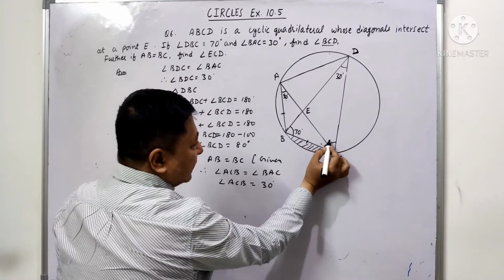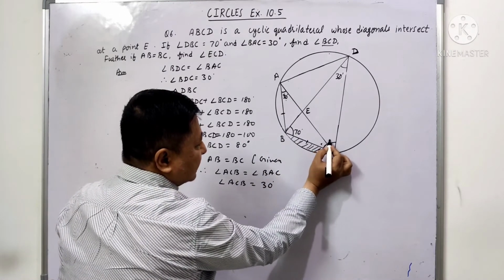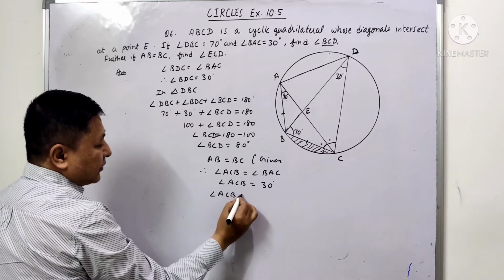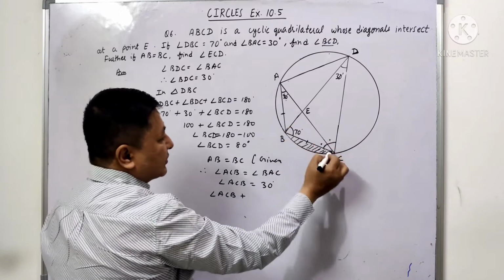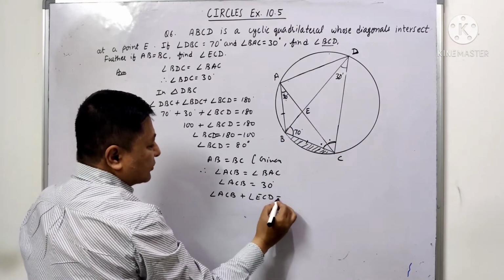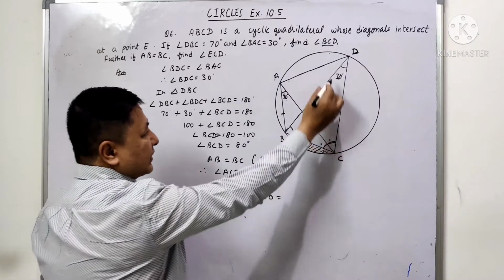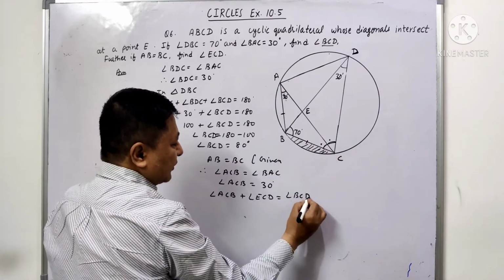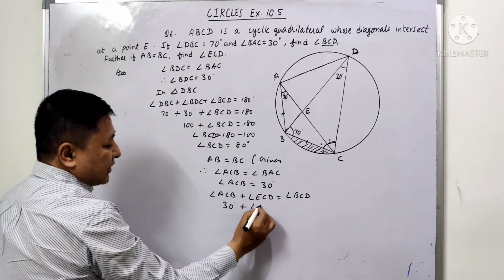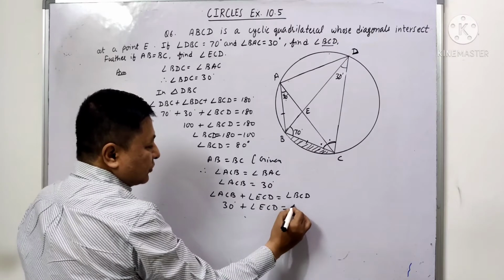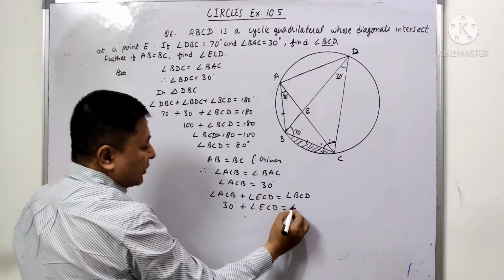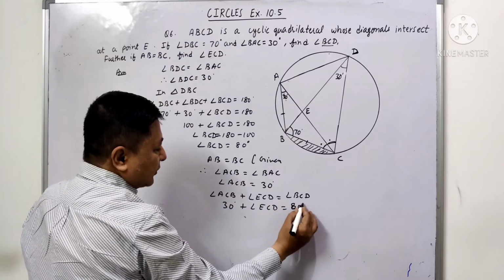Now if we add this angle and this angle, that is angle ACB plus angle ECD, we will get the whole angle, that is BCD. And this angle ACB we have already calculated, that is 30 degrees, plus angle ECD is equal to angle BCD, and angle BCD we have already calculated, that is 80 degrees.